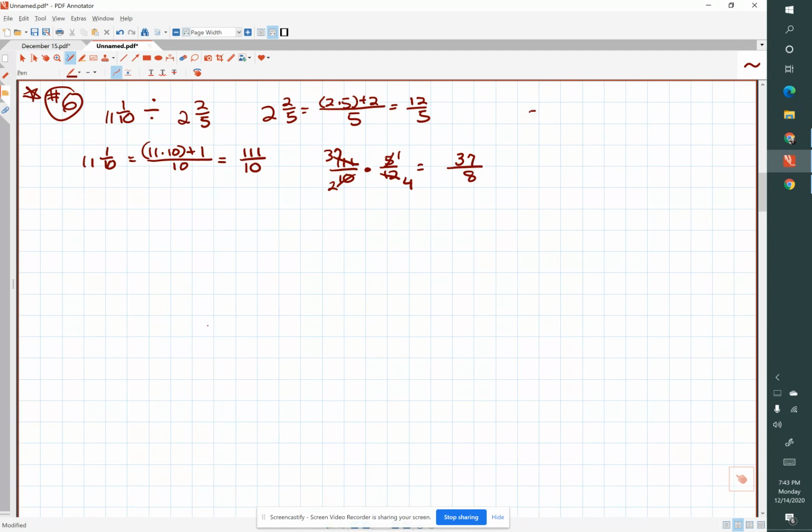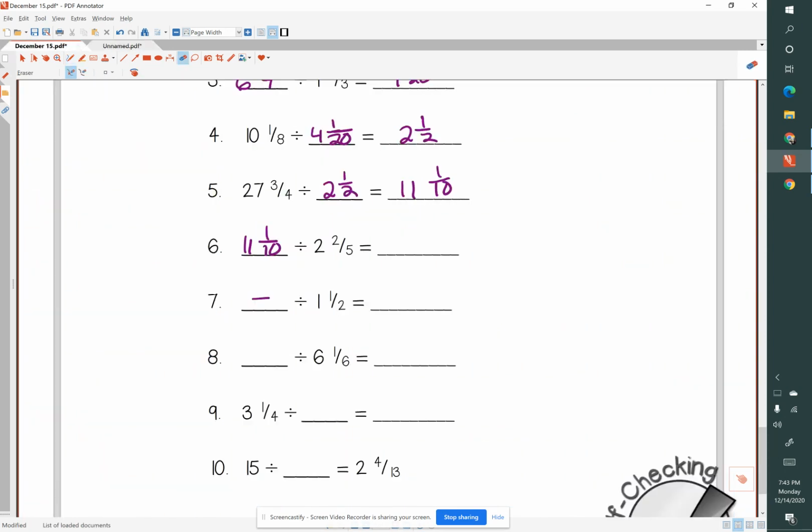Let's convert that to a mixed number. 37 divided by 8 is 4, and 4 times 8 is 32, with 5/8 left over. So that's our final answer, 4 5/8. Let's put that on our paper and get ready for the next problem.